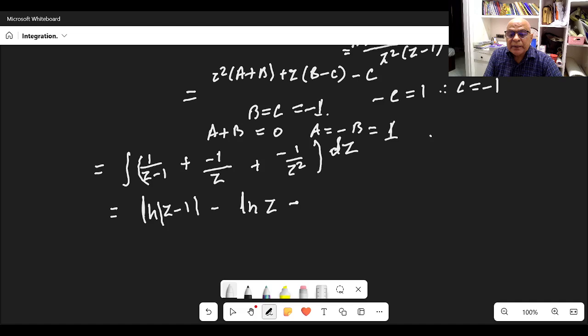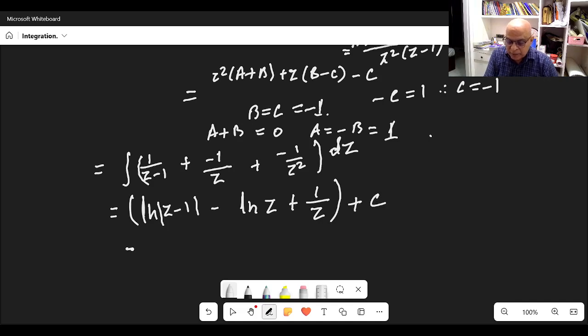Then again minus, and 1 by z squared when you integrate it, take the z squared to the numerator side, so it will become z to the power minus 2. When you integrate, this minus will become plus, so plus 1 by z. And that's all, and then plus C.